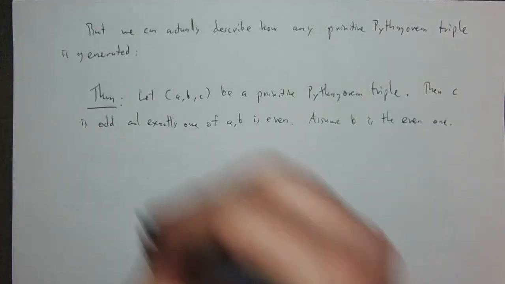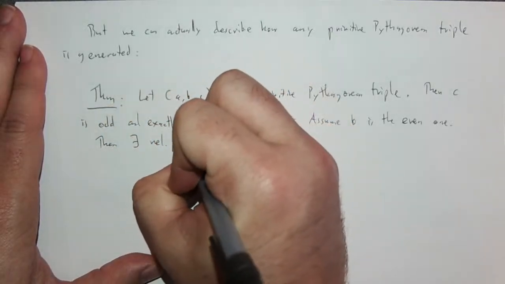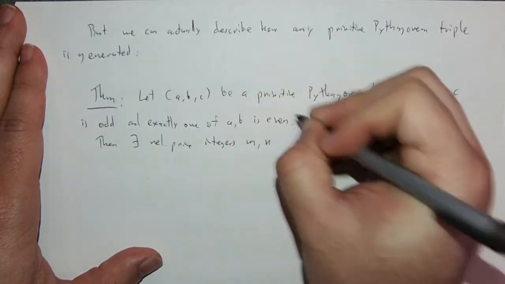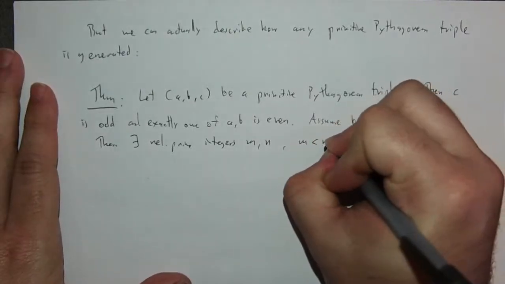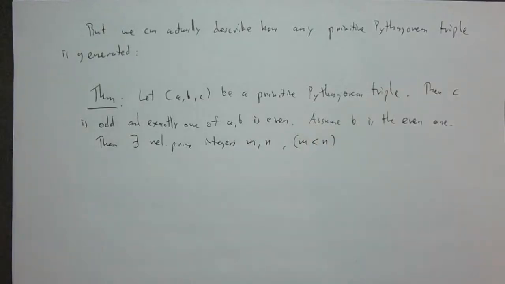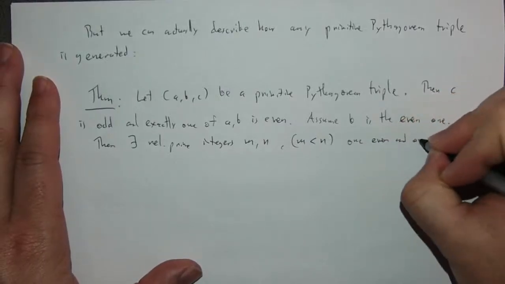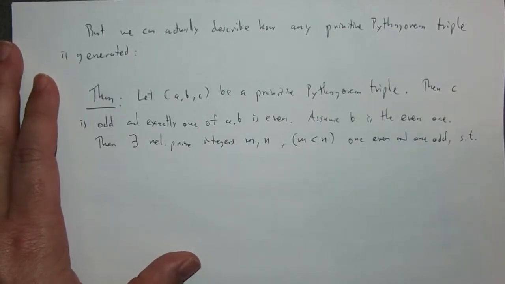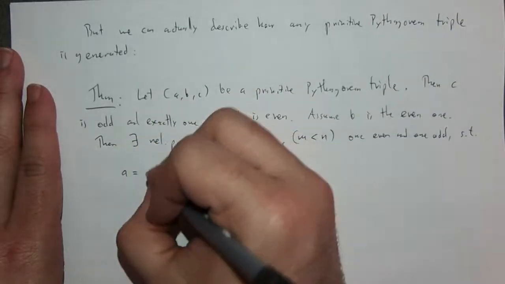All right, then there exist relatively prime integers m and n with m strictly less than n, one even and one odd, such that A is a difference of squares.